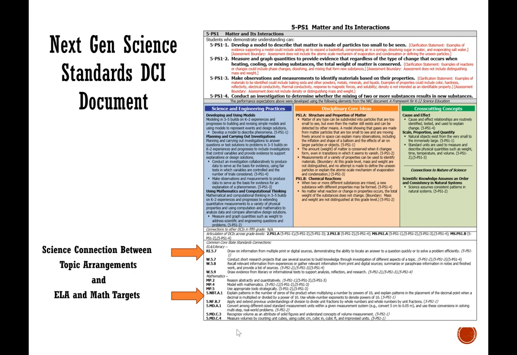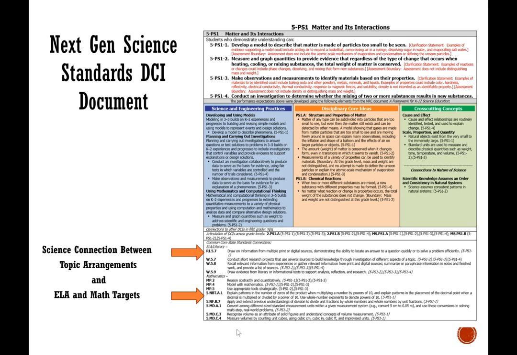Now, the Next Generation Science Standards. We talked about the DCI document in Module 2. At the bottom of each one of the topic arrangements, you will see that they have linked the NGSS, the science standards, to the ELA and math Common Core targets.